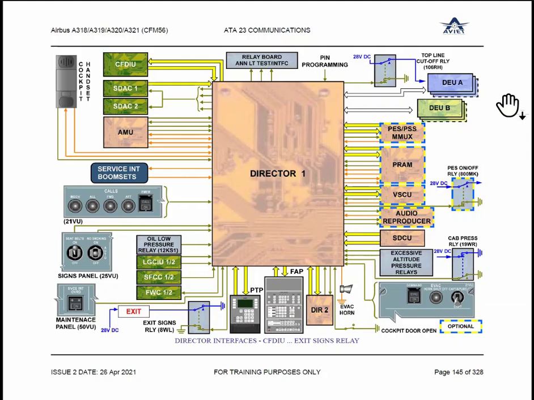Discussed. VSCU. VSCU is the vacuum system control unit. That vacuum system control unit is used for the toilet flush control. Okay. So the cabin crew should know whether it is working or not working, but it is an optional interface.